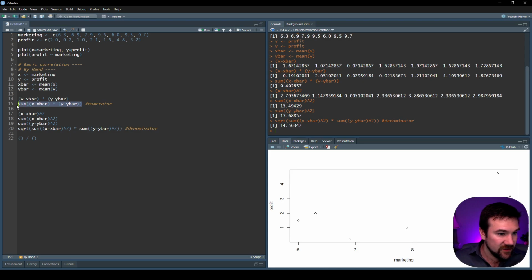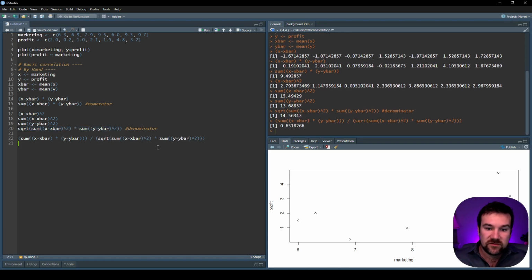They're not needed here, but it is nice to have everything in that first parentheses be the numerator, and everything in that second parentheses be the denominator. And this is my correlation coefficient, hopefully.